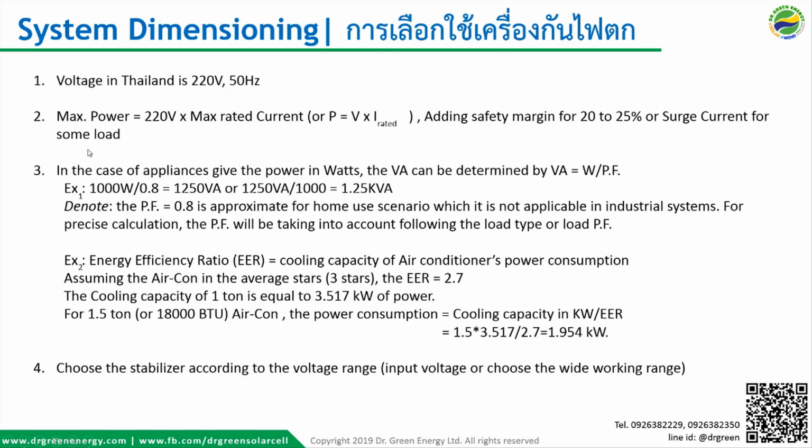Alright? And for example, when we calculate the maximum power, we will use 220 multiplied by the maximum rated current, or voltage multiplied by rated current. P equal to V times I rated for these equations.